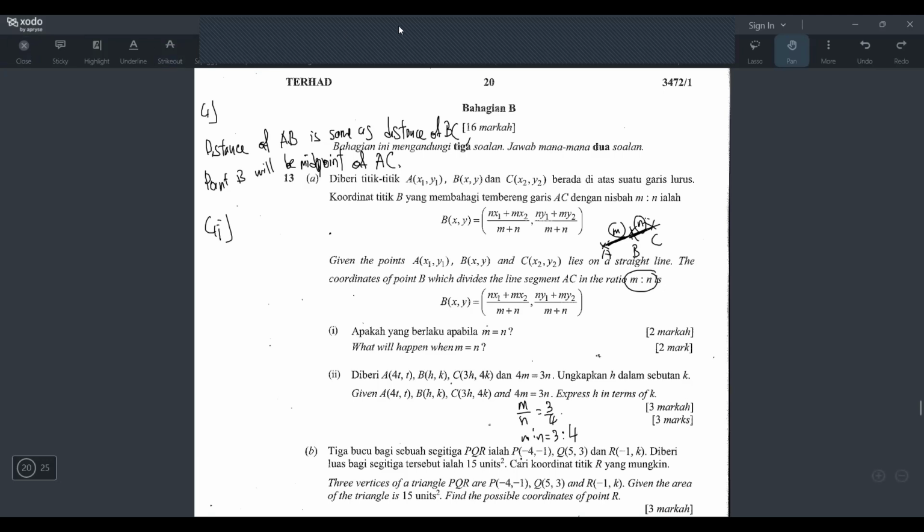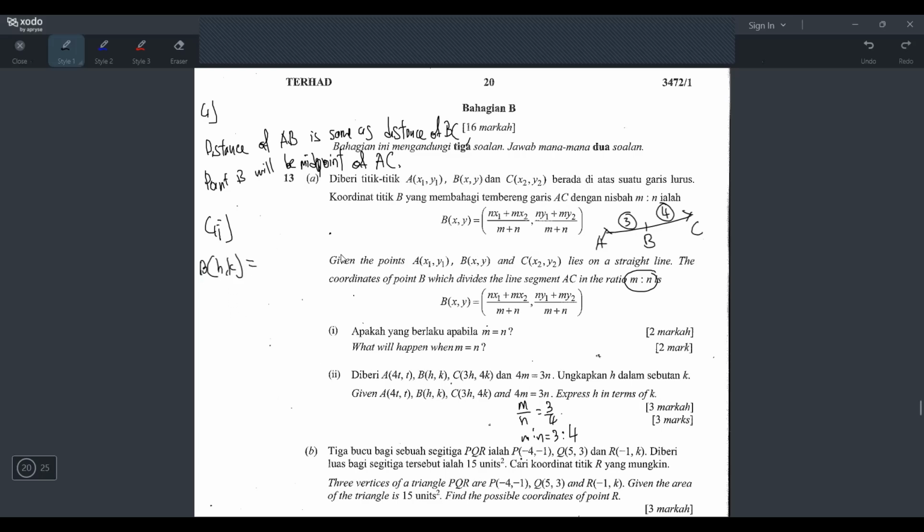So it means I can erase this. Okay, let's draw again. So A, B, C, and then the m is 3, which is here, and then this is 4, right? And now what we want to do is express h in terms of k, so we use this formula. So point B, which is (x, y), but B I already know is (h, k), right?